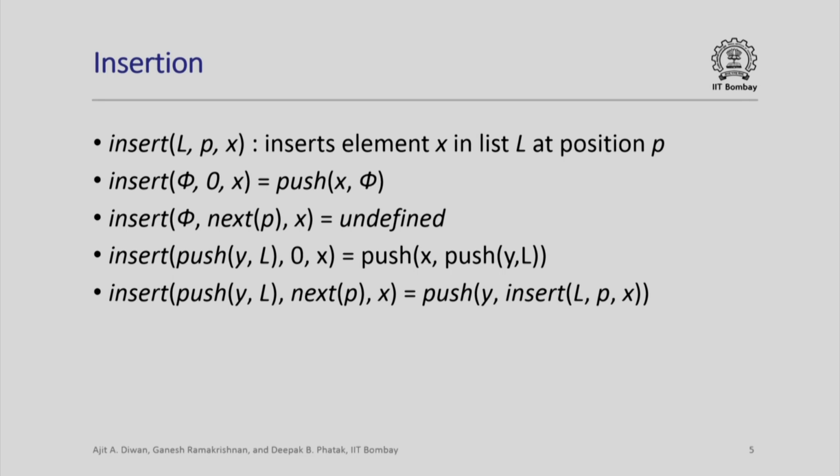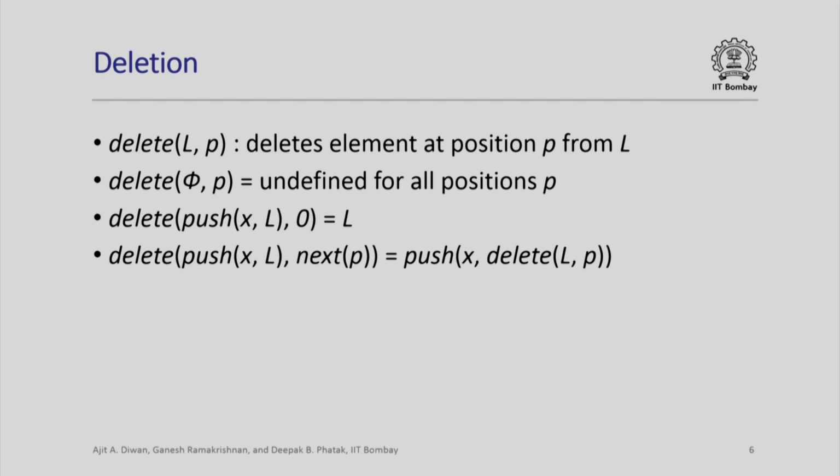So, this is obtained by pushing y in the list obtained by inserting in list L at position p the element x. So, this essentially inserts element x at position p and shifts all the elements right one position. Those that come after position p get shifted right by one.